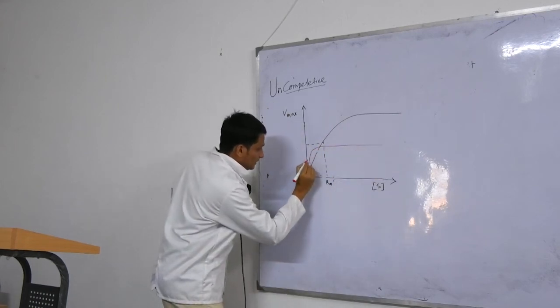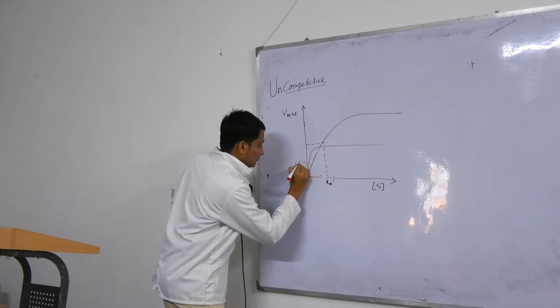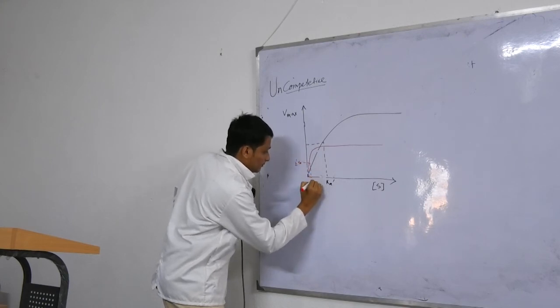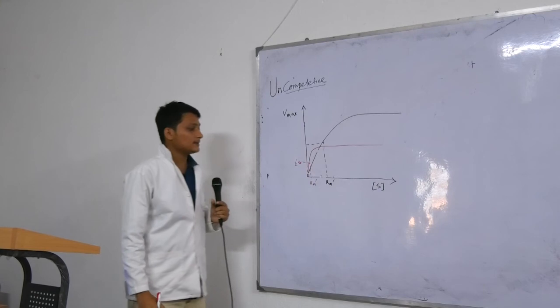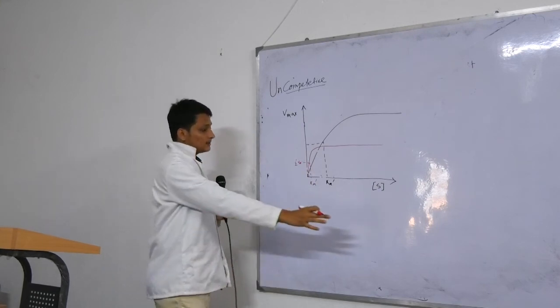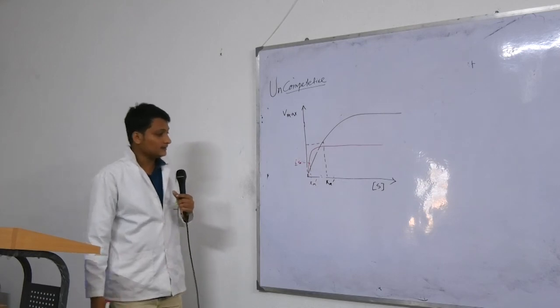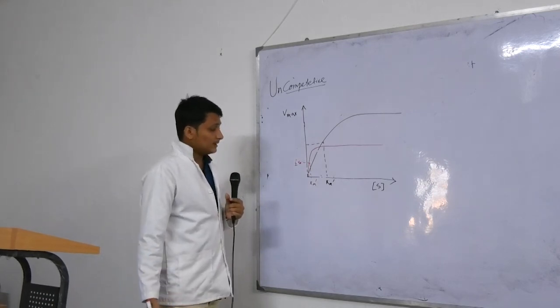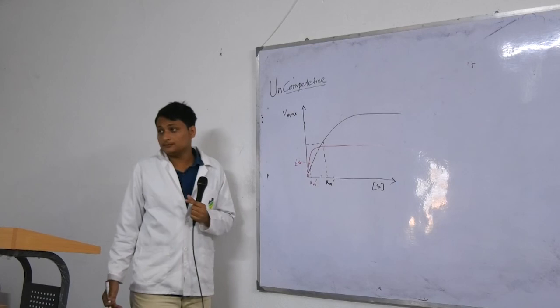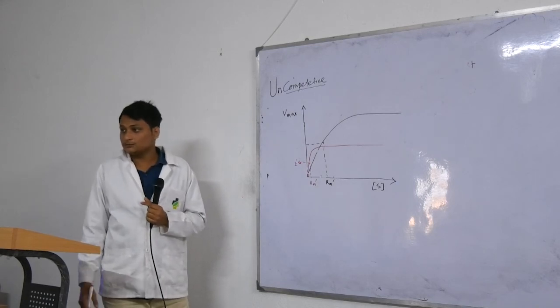So the half Vmax is Km. So you can see that here the Vmax and Km both are decreased. The example is placental ALP, alkaline phosphatase, which is inhibited by phenylalanine.